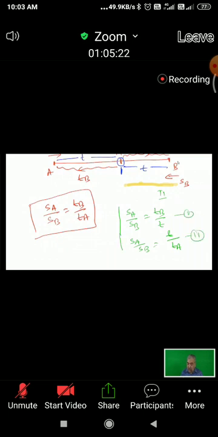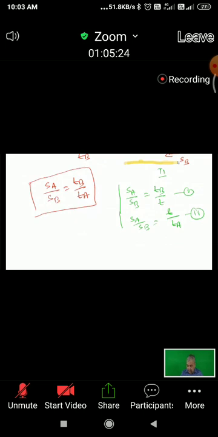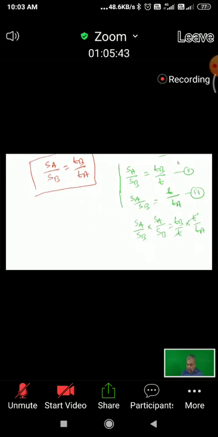You multiply these two, left hand side and right hand side. So you can see SA by SB into again SA by SB equal to TB by T into T by TA. So you can see T and T cancel, and what you have, SA by SB whole square equal to TB by TA.